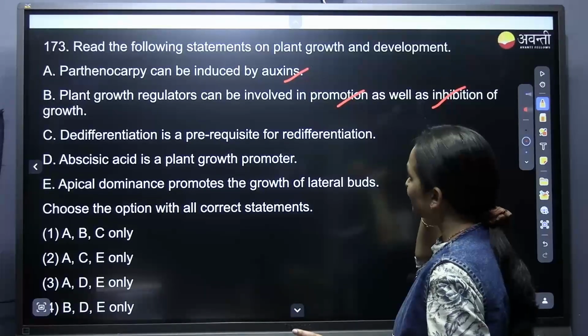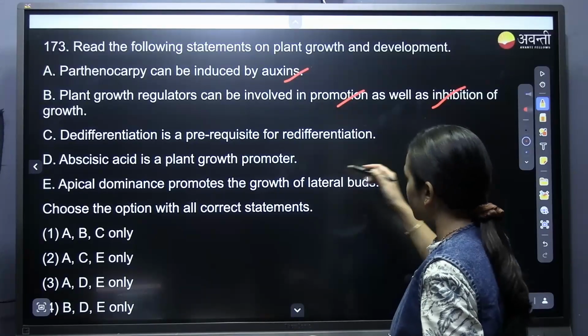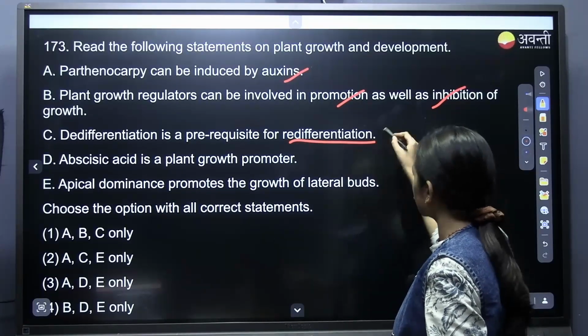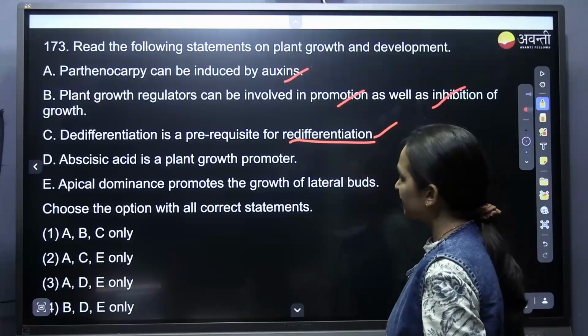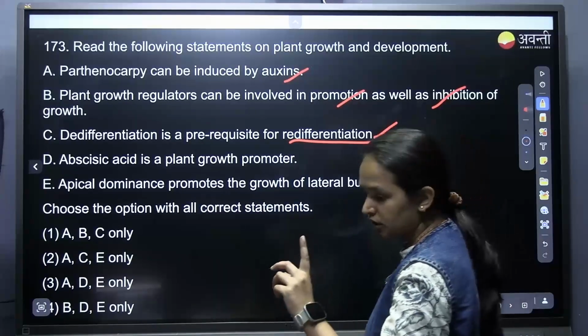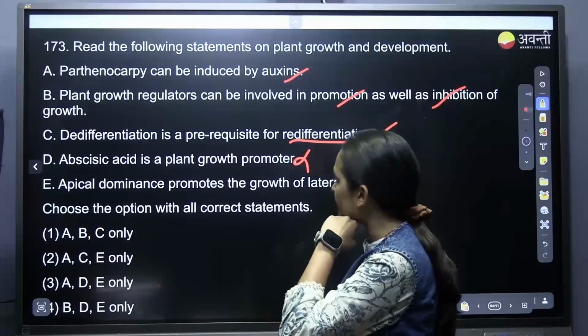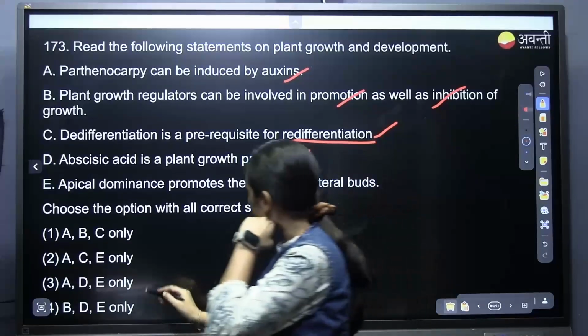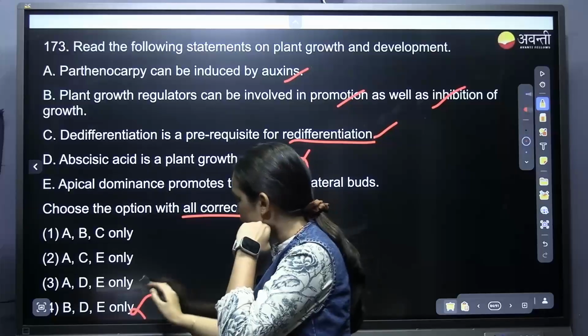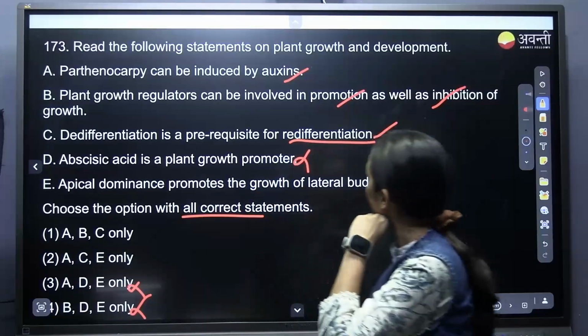De-differentiation is a prerequisite for redifferentiation, also true. Abscisic acid is a plant growth promoter? No, it is a plant growth inhibitor. So remove wherever D is there.